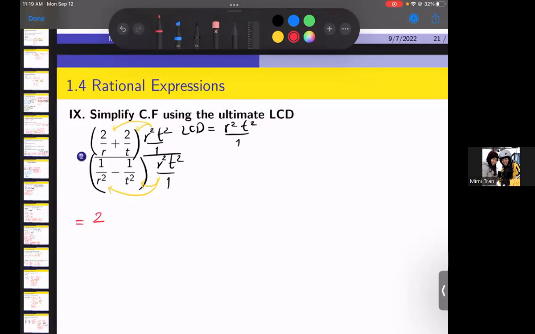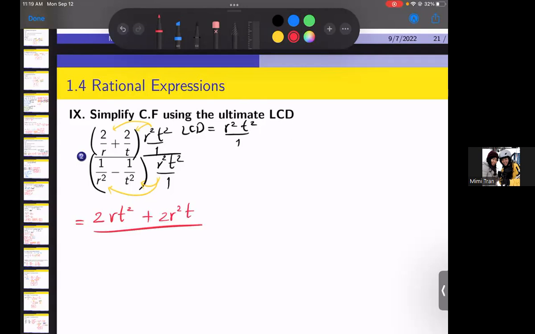Can I simplify the r? Yes, right. I have r squared on the top and r on the bottom, so there's one r left. Can I simplify the t squared? No, right? So just rewrite t squared. But the main thing is no more denominator. If you still have denominator, there's something wrong. Okay? Someone else for the second one. Very good. 2r squared t.